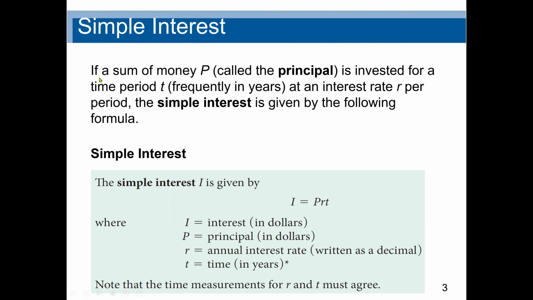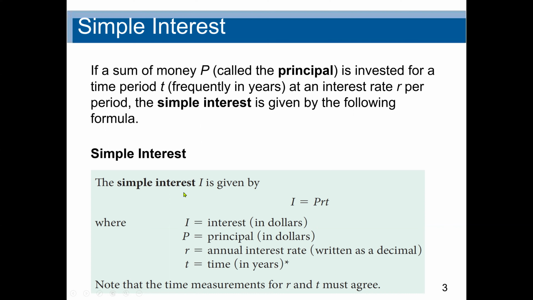And here we said if a sum of money P, which we call the principal, is invested for a time period T, which normally will be in years, at an interest rate R per period, then the simple interest is given by the following formula.